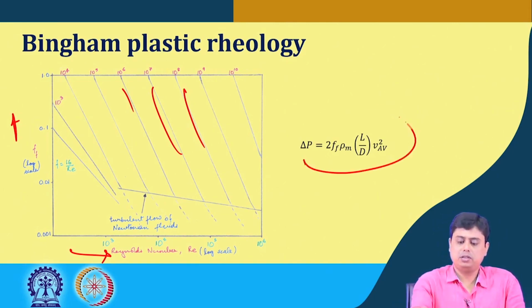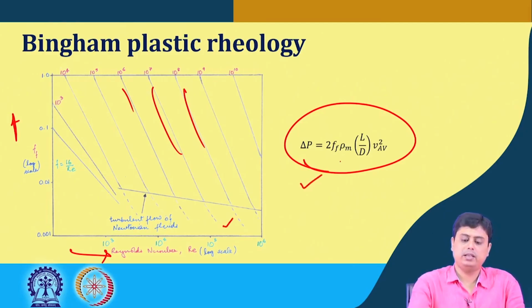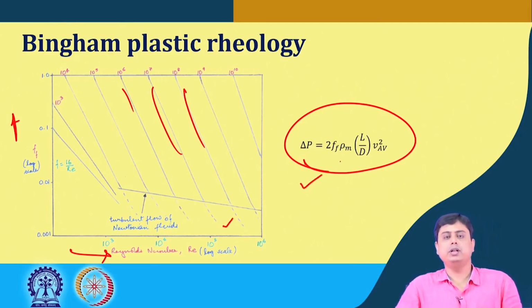We know this expression for calculation of del P. So, both these, that means this chart and this expression, will help us to determine what is del P for the liquid or the slurries that is behaving as Bingham plastic.